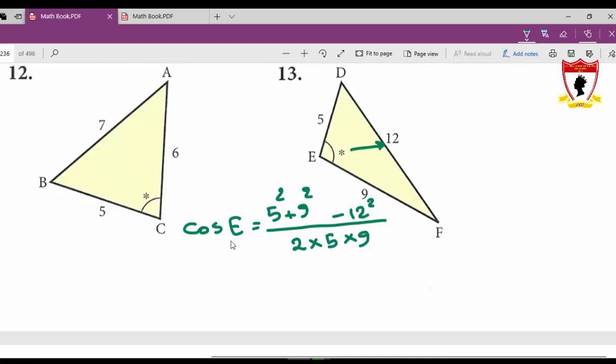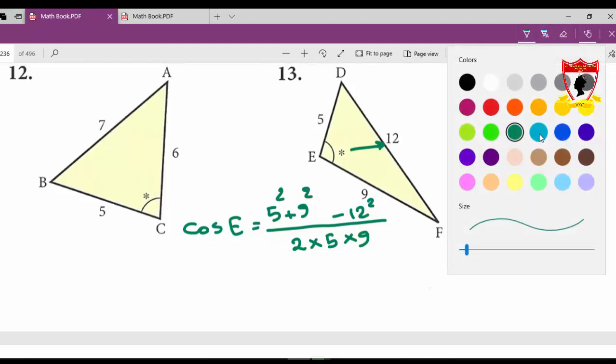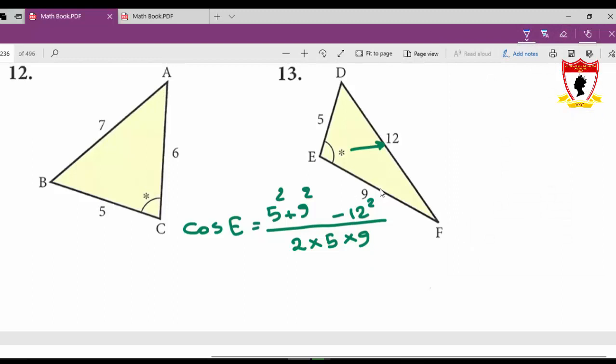So remember, we need to find angle E. That's why the side opposite E must be after the negative here, and these two sides will appear here.